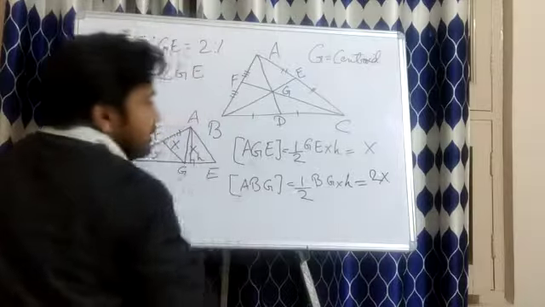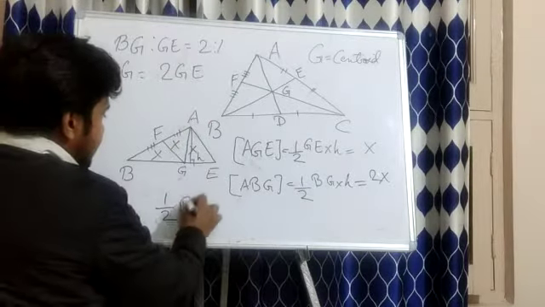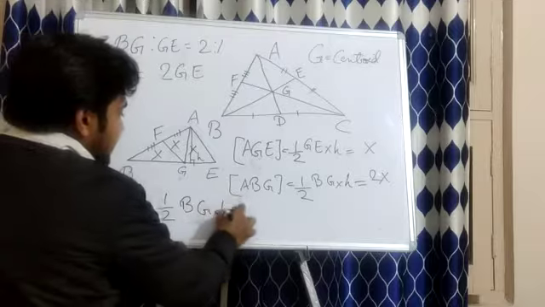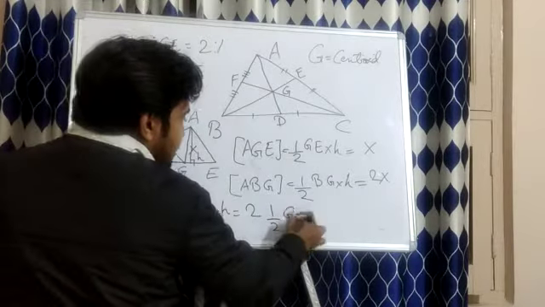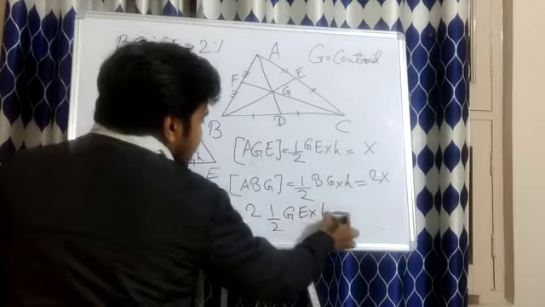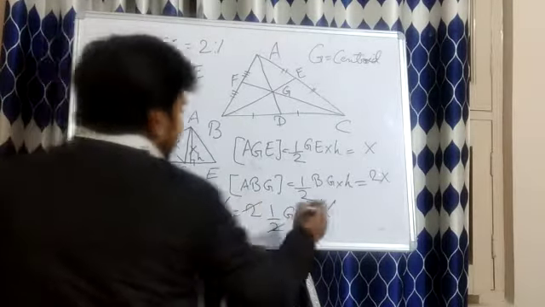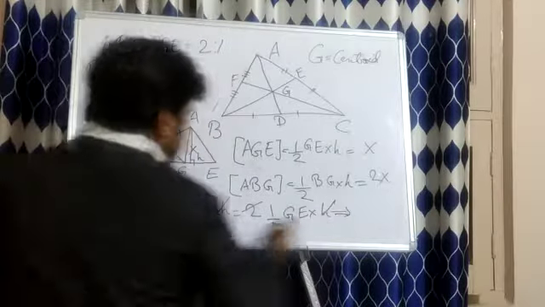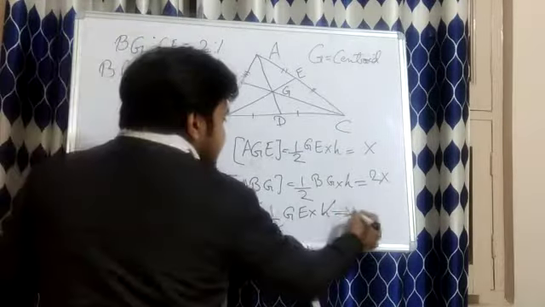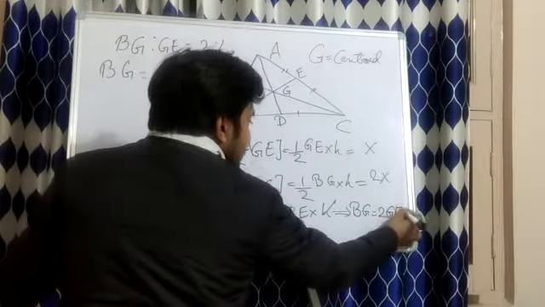Now let us substitute the value of X in this expression. So half BG into H is equal to 2X. What is X? Half into GE into H. Now H goes away, this 2 goes away. From here you can clearly see that BG is equal to twice GE.